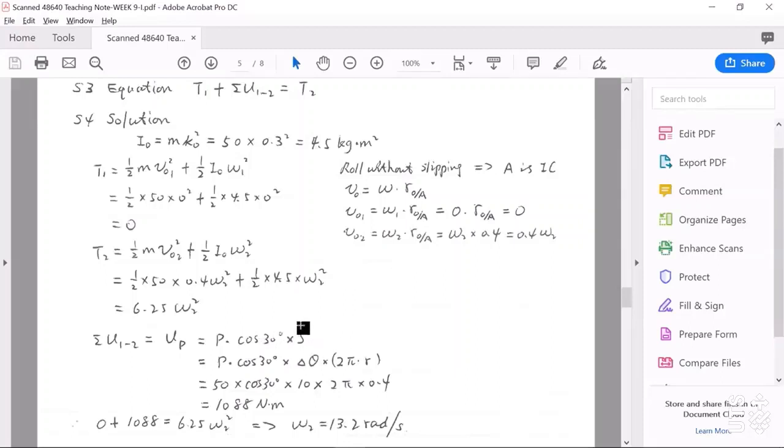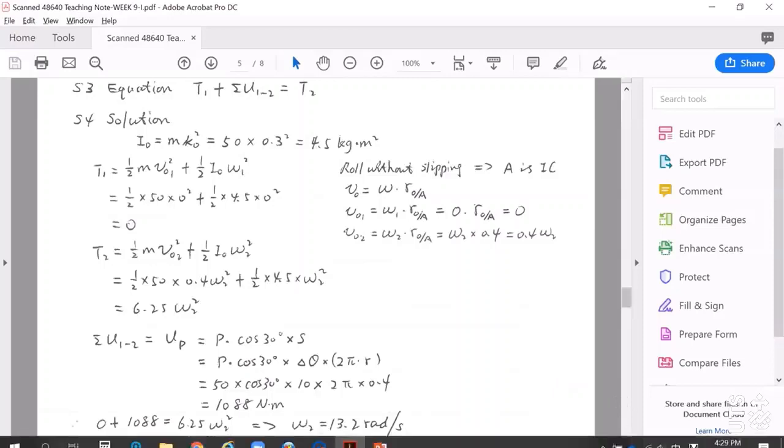Now for S, we already know this wheel's angular displacement delta theta is 10 revolutions. One revolution gives a distance of the circle center of 2 pi r. So finally, we can work out the work done by this external force P is 1088 Newton meters.